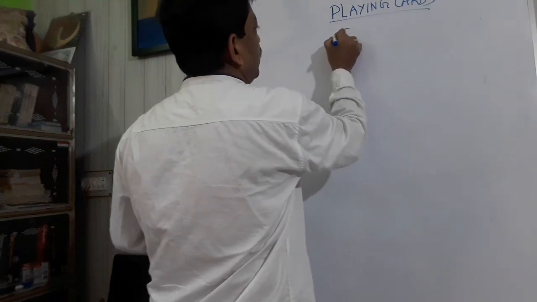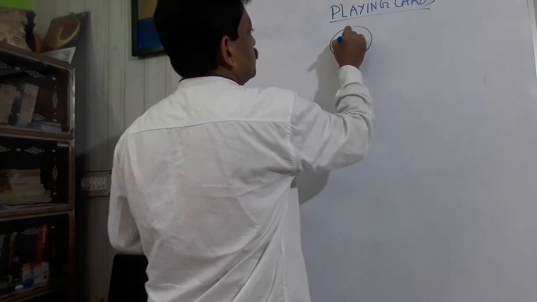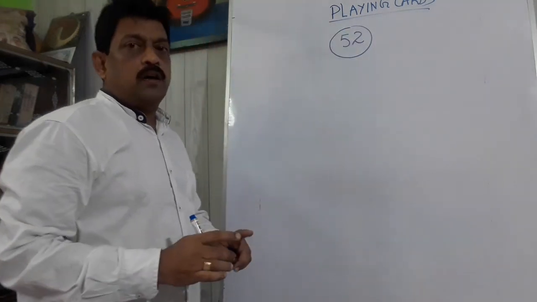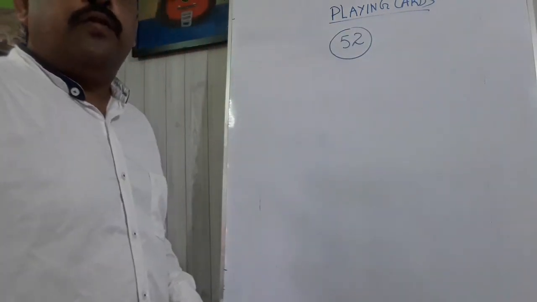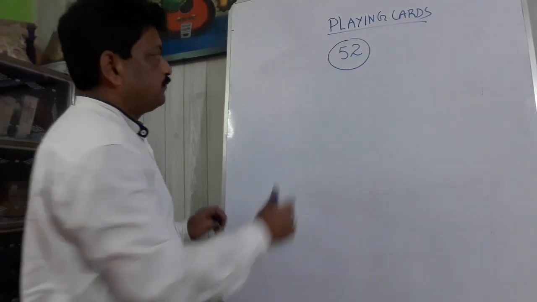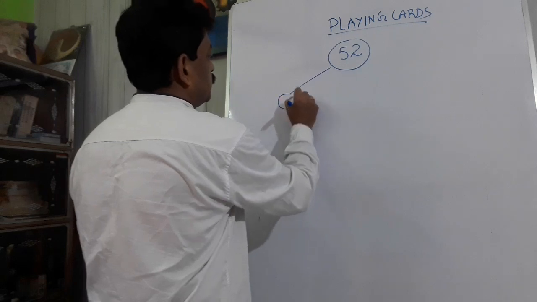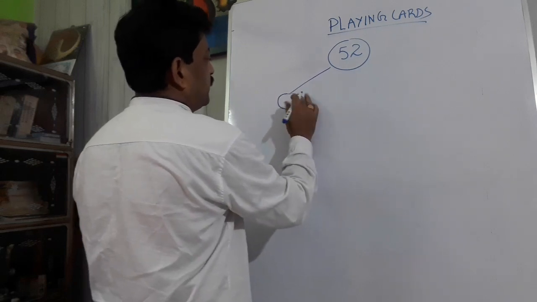There are 52 playing cards. These 52 playing cards are divided into 4 different types of suits. The first suit is known as the spade.